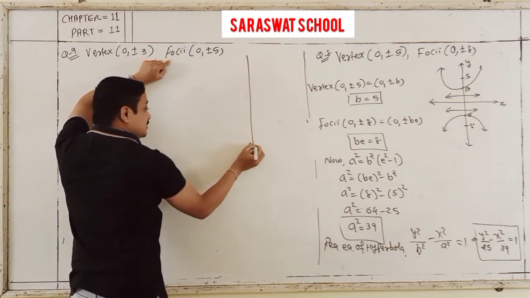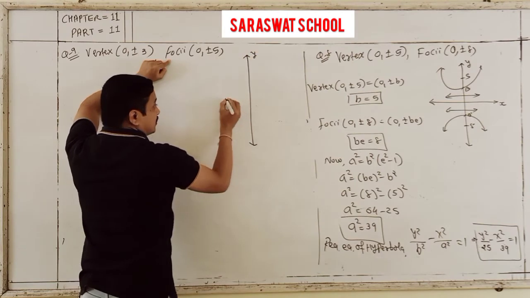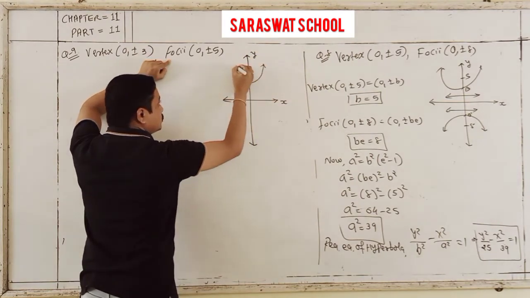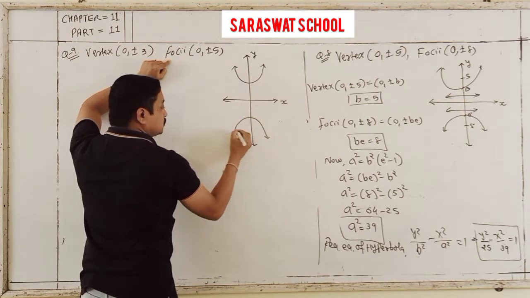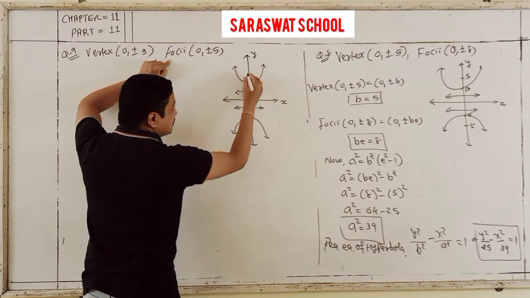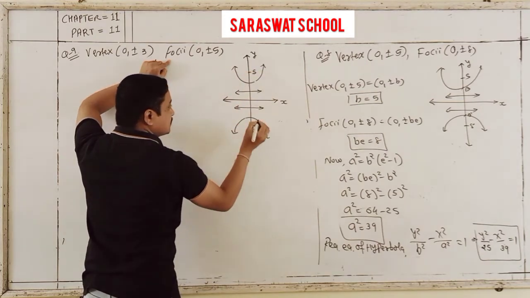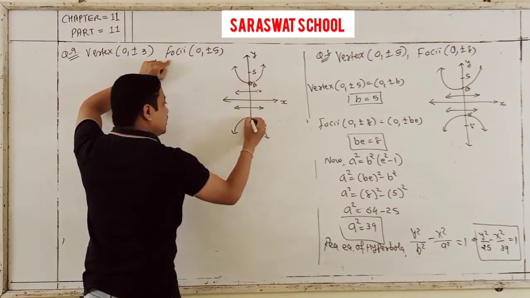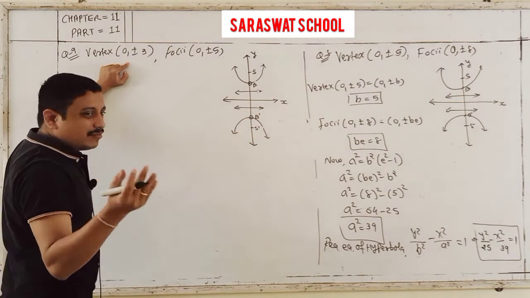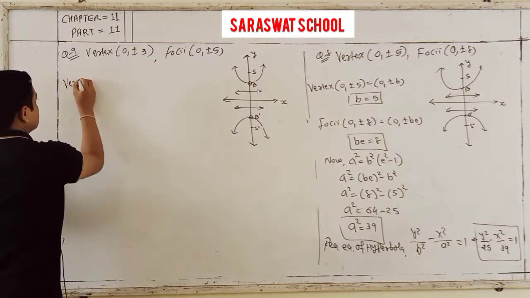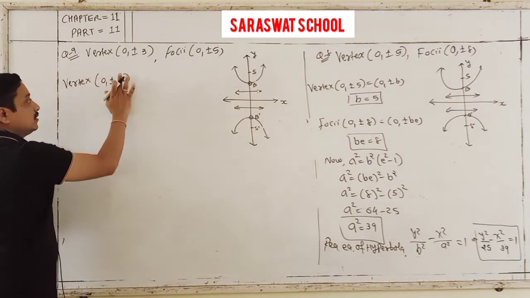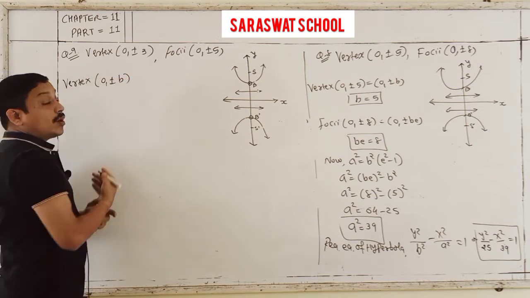It means your main axis is the y-axis. Here is your hyperbola, the directrices, and the vertices B and B dash. Now, in a simple way, the vertex is (0, ±b) on the y-axis.